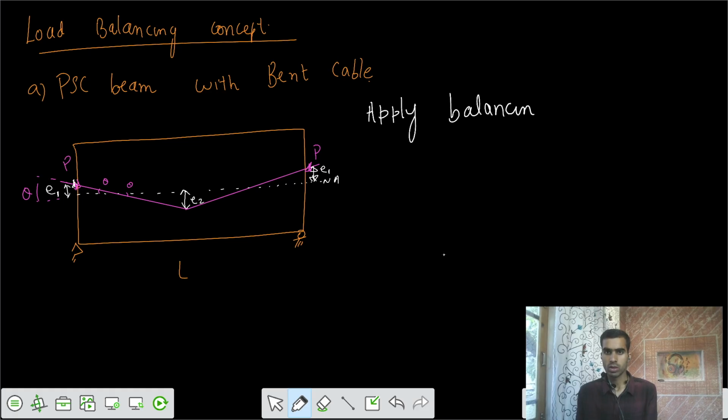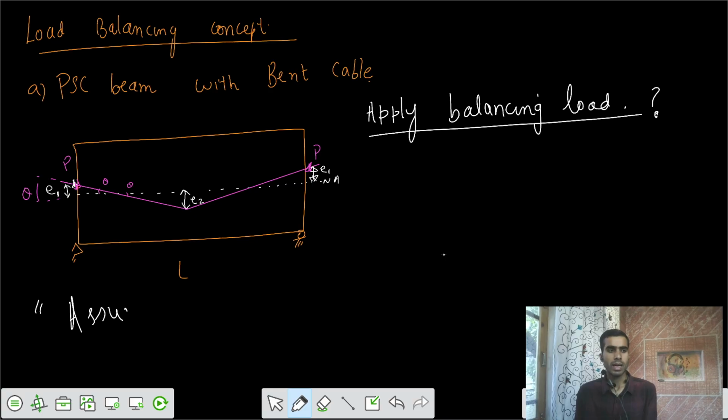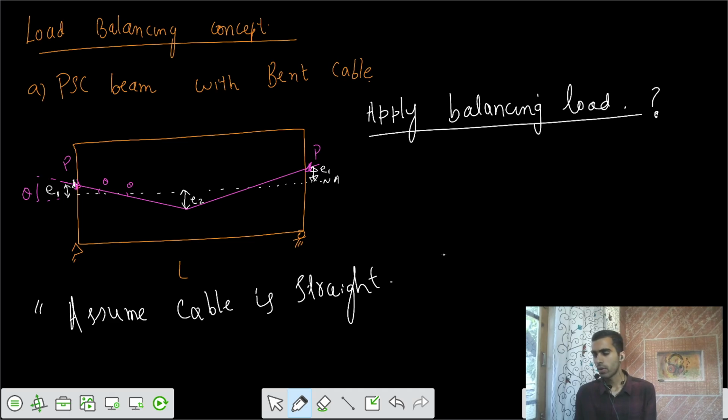We apply a balancing load, and we are going to say how much balancing load there would be. This method says that you have to assume the cable is straight, at the level corresponding to the level of the tendon at the ends.